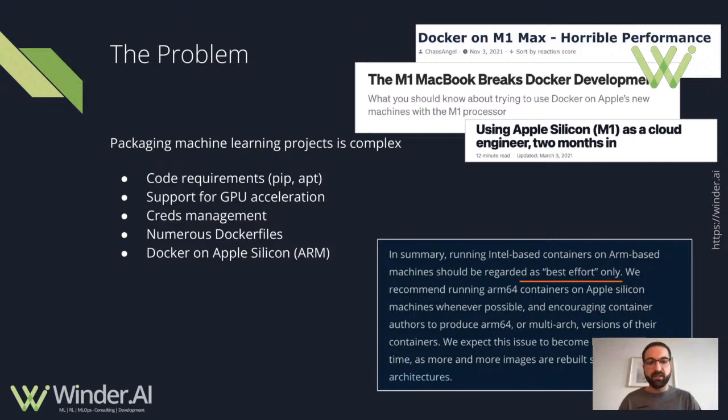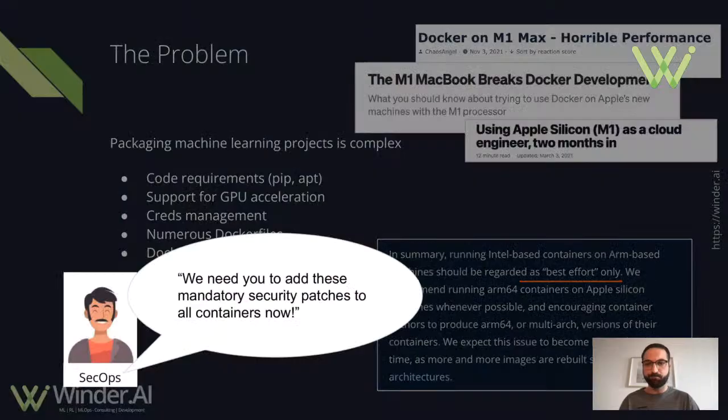So Docker themselves, they actually say that they're fully aware of the problem, and they say that support for ARM architecture, which is the technology behind M1 processors, should be regarded as best effort only. So it's not fully supported yet, and that can really be a hiccup throughout your ML journey.